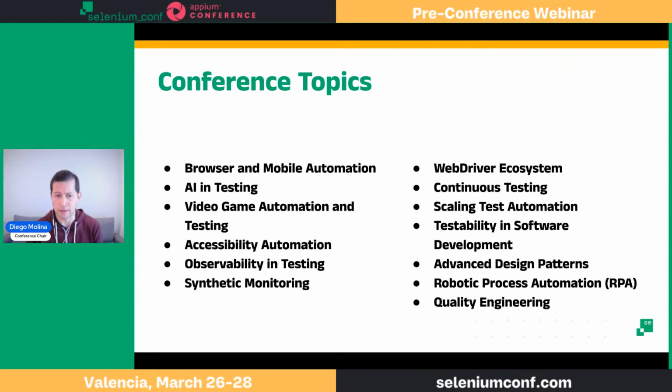We have interesting things about not the common use cases of Selenium and WebDriver, like observability and synthetic monitoring. So we have really good speakers there. We have over 17 countries representing the community, with people from Latin America, North America, Europe, Asia, and Australia as well.